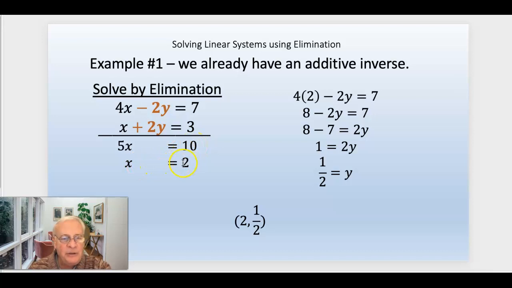We can plug x equals 2 back into one of the original equations and find out what y is. y is 1/2. We can plug it into the other one too, to make sure. 2 plus 1 equals 3, yes. Our answer is an ordered pair, (x, y): (2, 1/2). That's our answer.